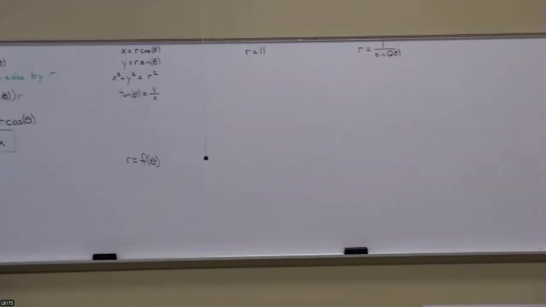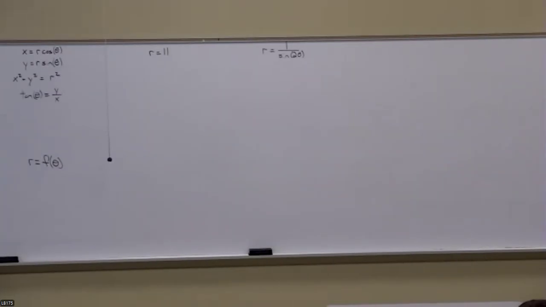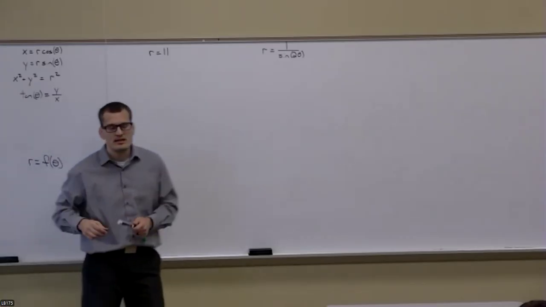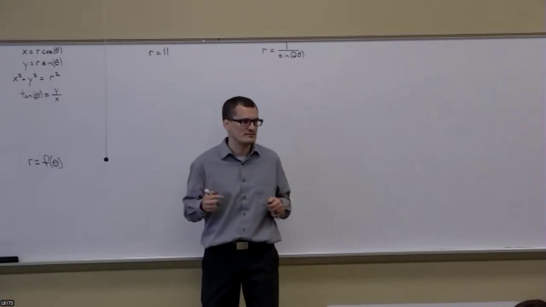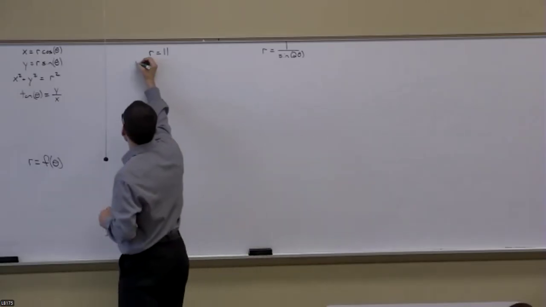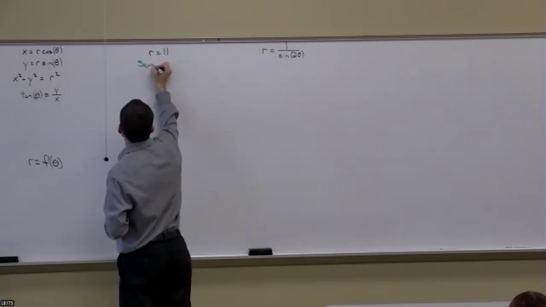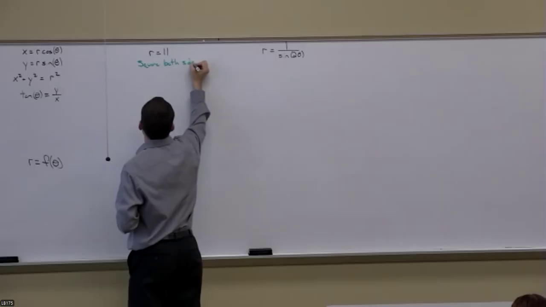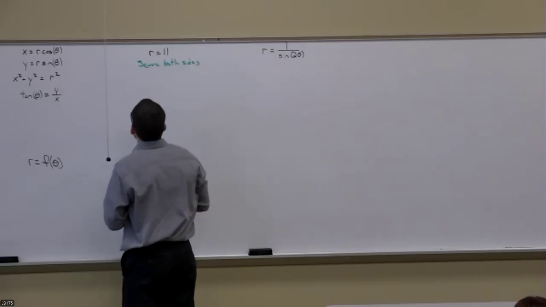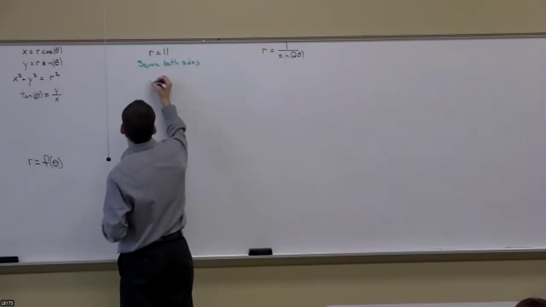All right. So let's go through these. With r equals 11, the technique we're going to use, the easy technique, is to square both sides. So we're going to square both sides. That'll give r squared is equal to 121.